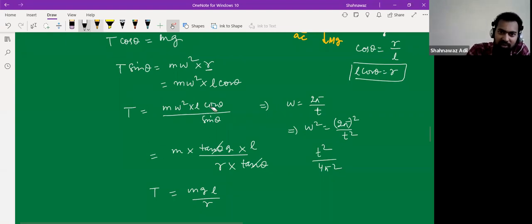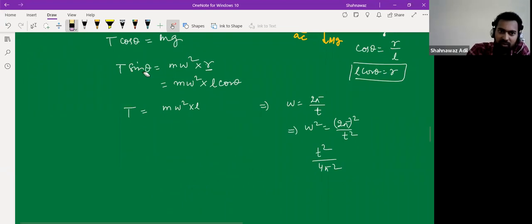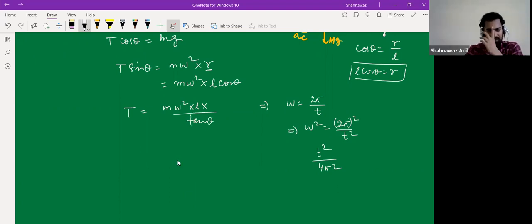So let me write this part. m omega square and L cos theta by tan theta.